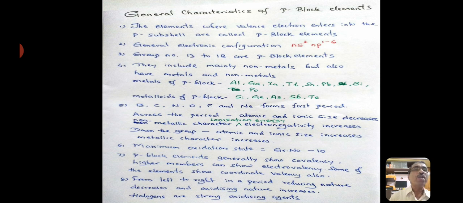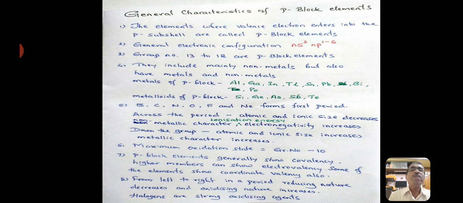Similarly, if you take sulfur, sulfur belongs to group 16. If you subtract 10, it gives 6. That means the maximum valency of sulfur is 6.